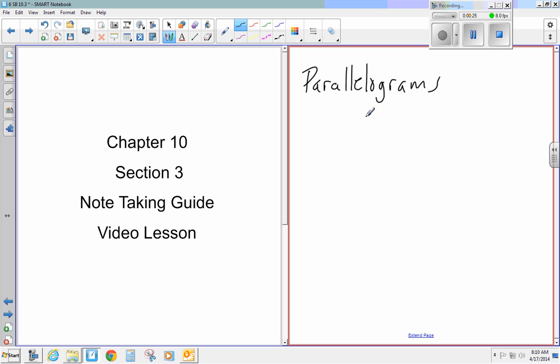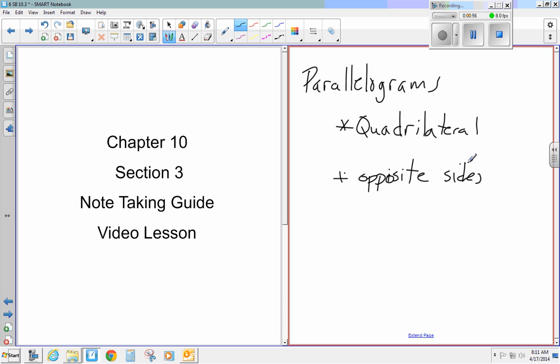Parallelograms. They are quadrilaterals. Another thing about parallelograms: opposite sides are equal, congruent.